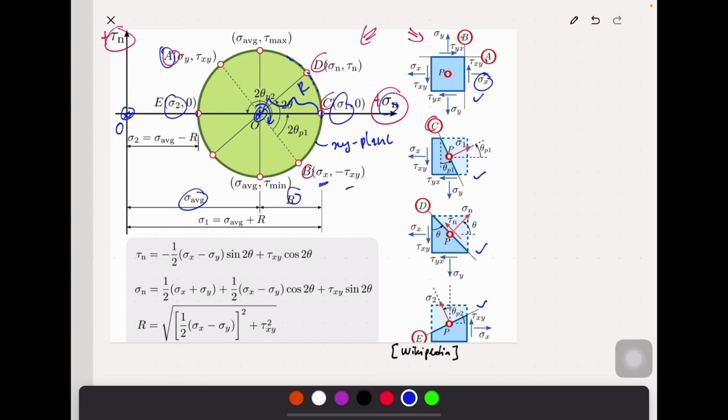Obviously for this system, there is no question given for this diagram right here, but I would like to show that the largest circle over here is, as I mentioned on the previous page, the R right here is representing the maximum in-plane shear stress, right?